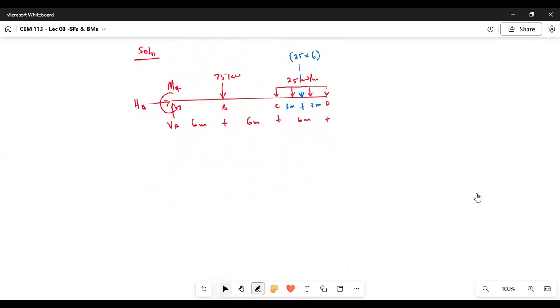So this time around, we are still going to take moment. Now let me indicate that this is a free body diagram. It's important to do that.